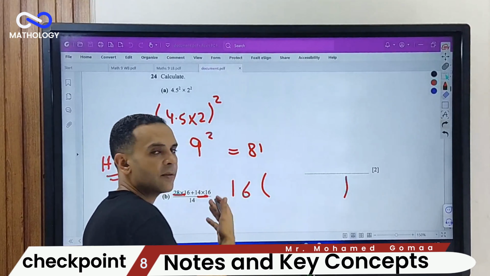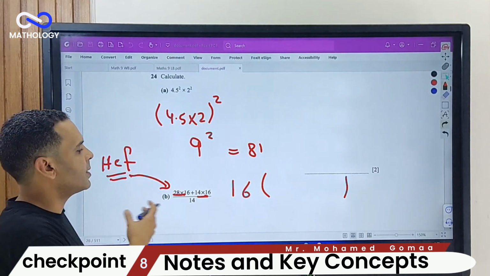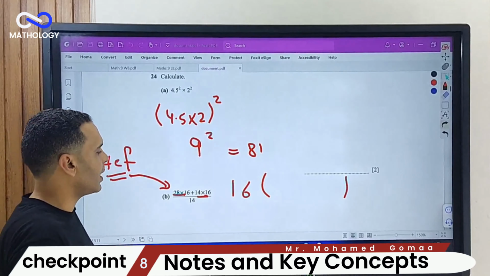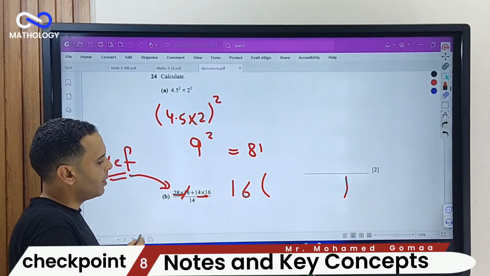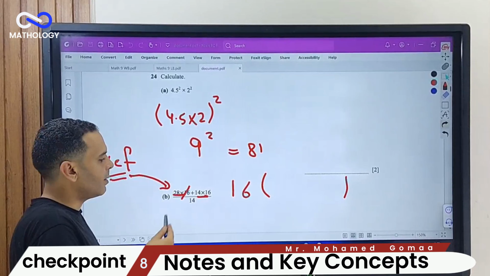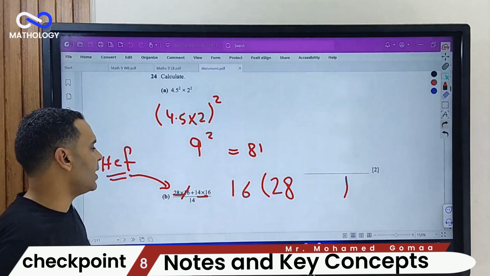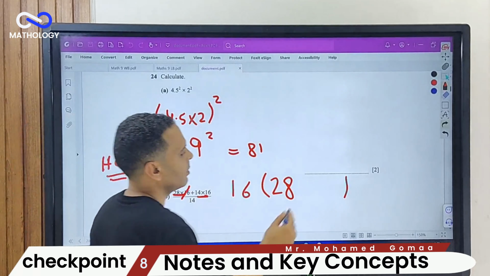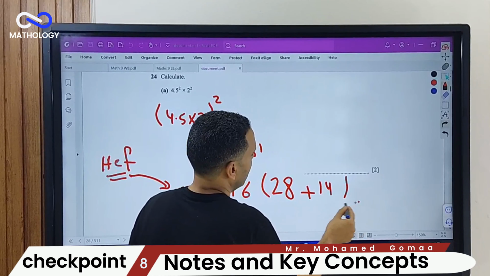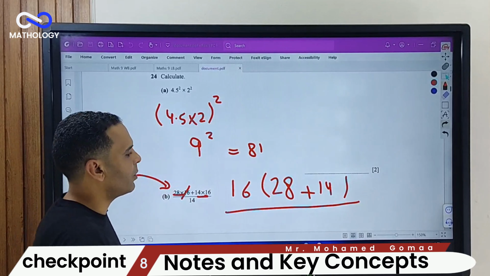Factor out this factor, get 16 outside the bracket. If you factor out 16, the remainder will be 28 plus 14, all over 14, like this one.